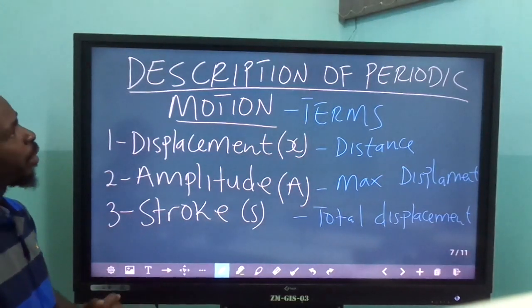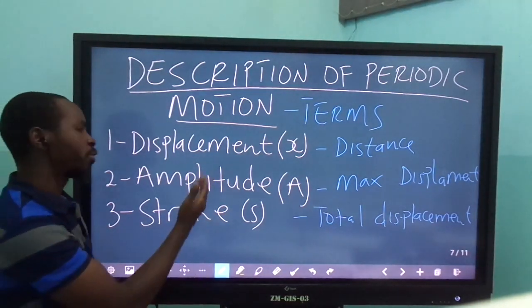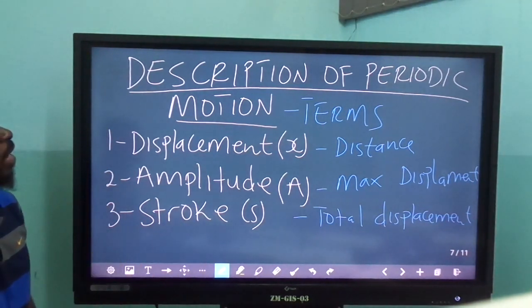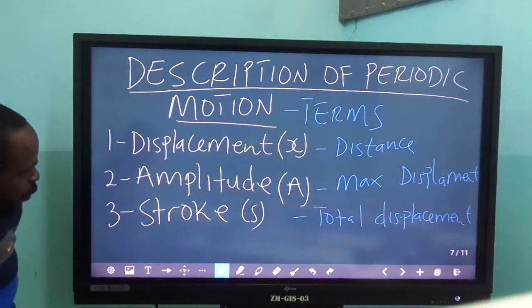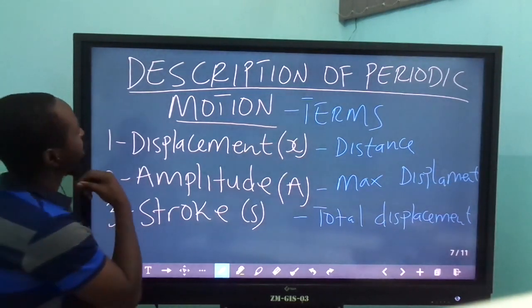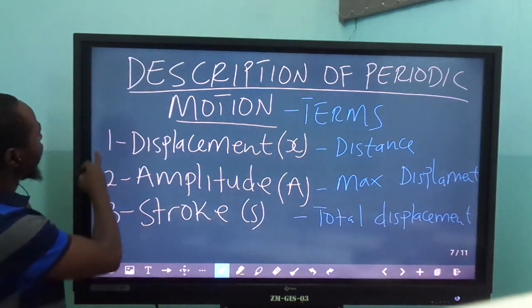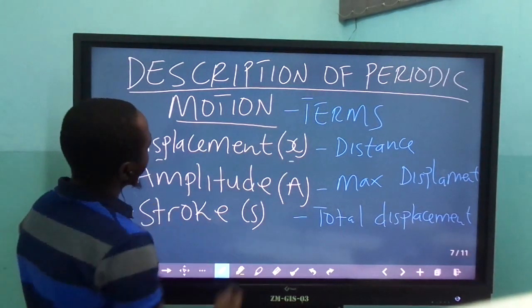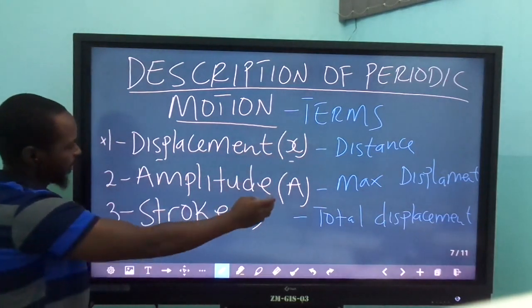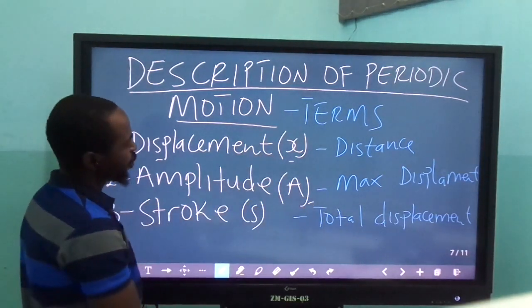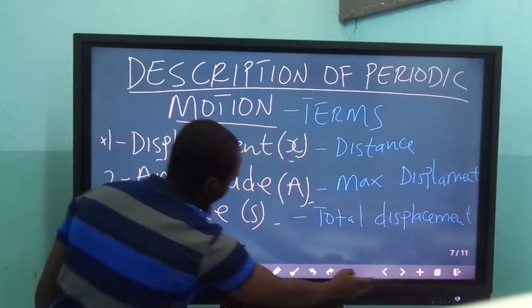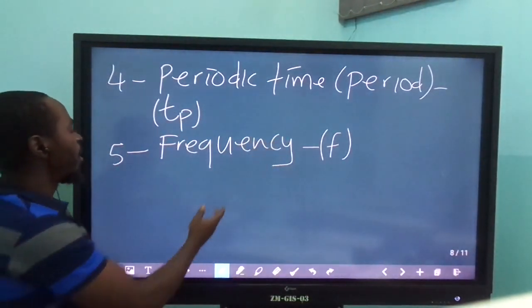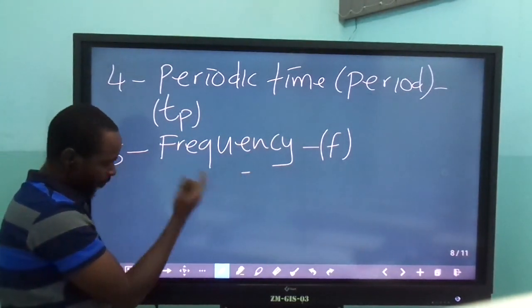The same words which were used to describe waves are also used to describe any periodic motion. The waves are a type of periodic motion. So to describe the periodic motion, we are going to use these terms: displacement denoted by letter x, and then the amplitude, the stroke, the period of periodic type, and the frequency.